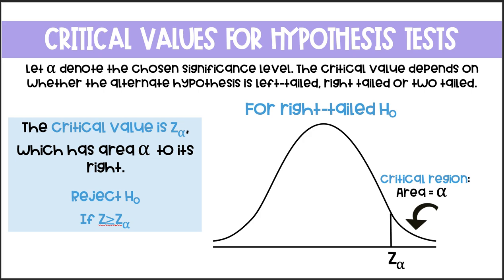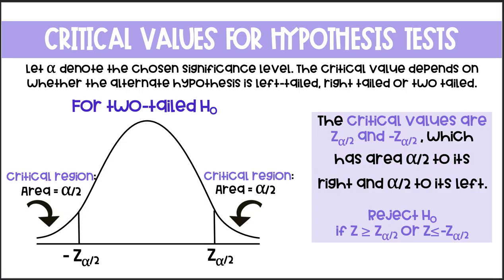And for when we have two tail tests, we are going to divide that critical region area, meaning that our significance level value is going to be divided by 2, splitting that area into 2 parts.